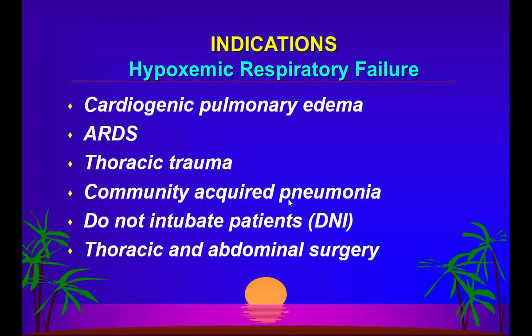And thoracic and abdominal surgery, of course, there is a confusion about it. Many of the surgeons would say, I have done an esophageal anastomosis, if you put a BiPAP there, the wound will get dehiscence. Or somebody who has had bariatric surgery, then they would say it is not required. But the fact of the matter is, there is no evidence that if you apply non-invasive ventilation, it leads to dehiscence of the anastomotic site.